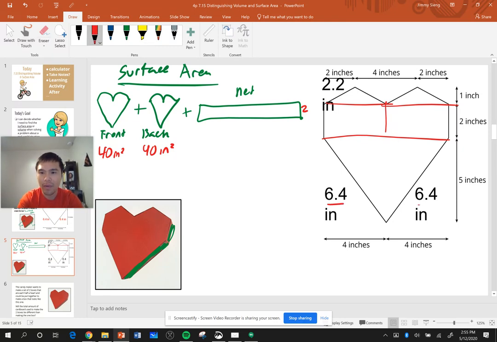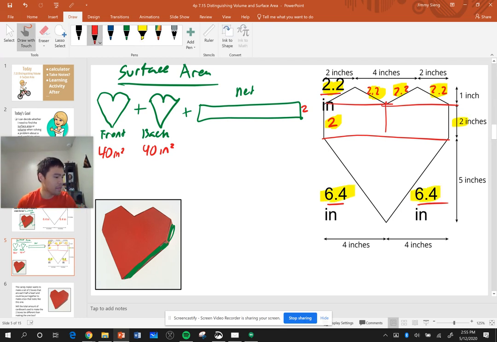It's going to be 6.4, 2.2. Technically, this is 2. So what we're doing is taking the perimeter. We're going to get all the perimeter, add them all up, and we should be able to find the length of that strip.